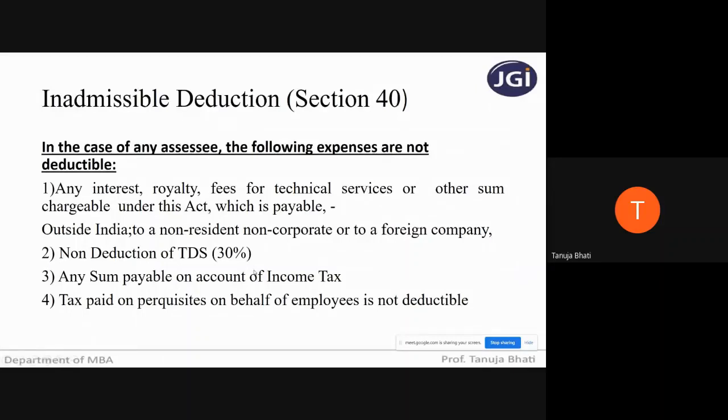Income tax payment is disallowed. Then the tax paid by the employer on non-monetary perquisites provided to the employee is disallowed. So all these expenses are disallowed.